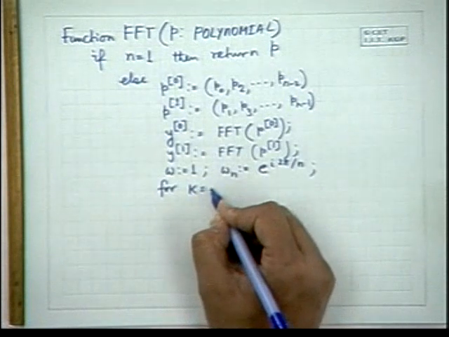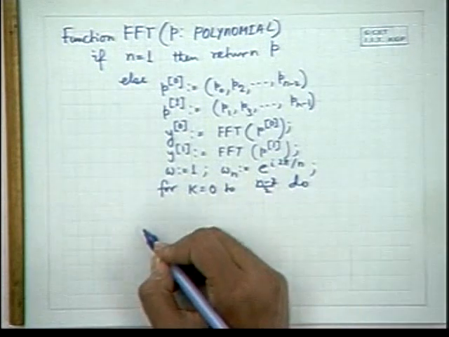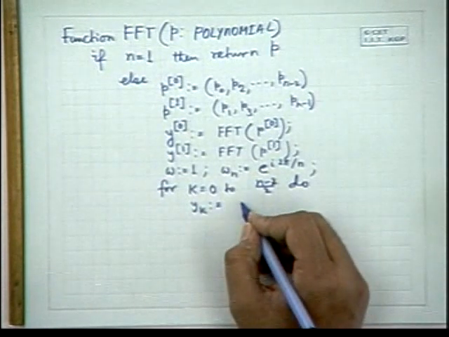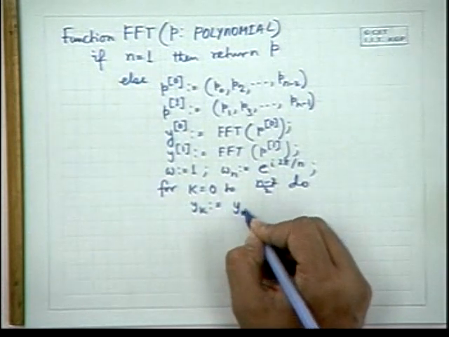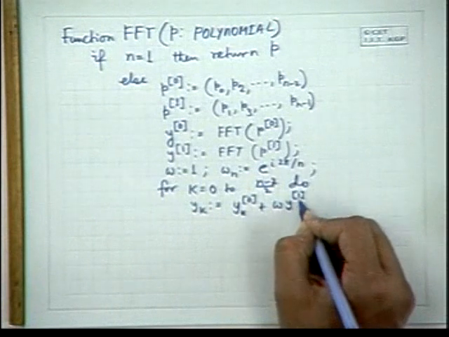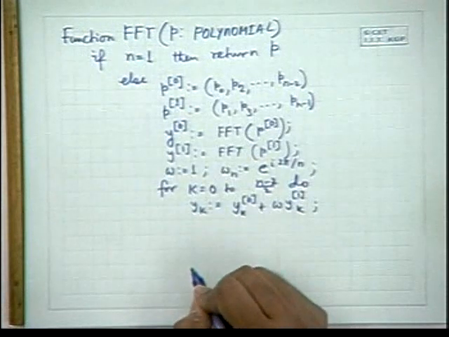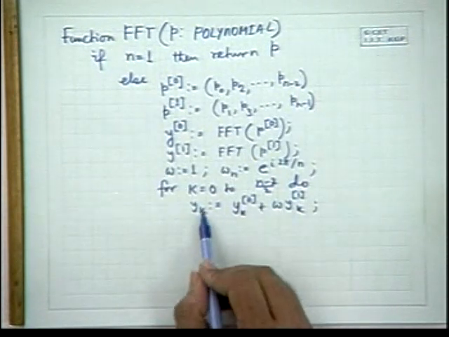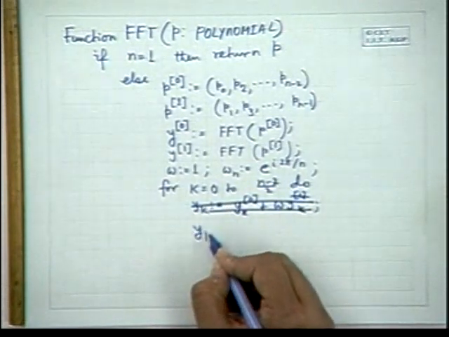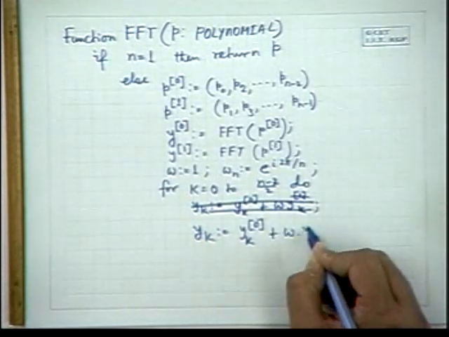For k equal to 0 to n over 2 minus 1, do yk is equal to yk0 plus w yk1. That is the first part. Let me write this one bigger. yk is equal to yk0 plus w yk1.